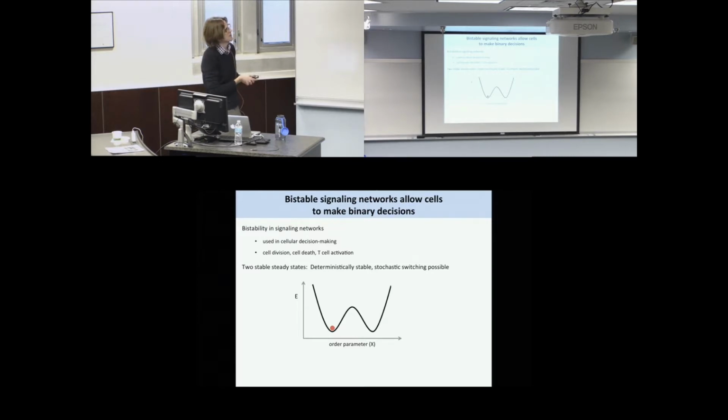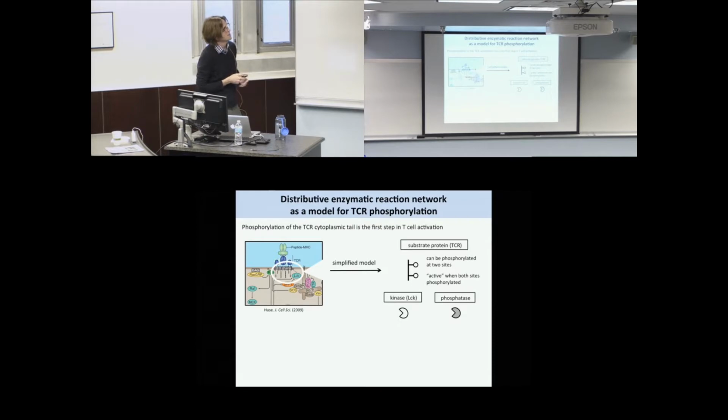The classical picture in the energy well framework, more for the physics audiences, is you have two wells and your energy landscape is a function of an order parameter. These are deterministically stable, but one can see stochastic switching. The reason cells use these is that an external perturbation could take you from one basin or stable point to another, and when you remove that perturbation, you stay in the new state. So let's look at a specific model of this phosphorylation.